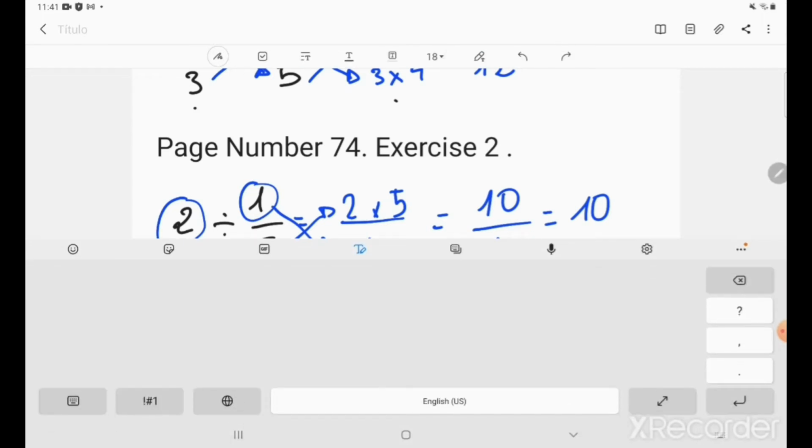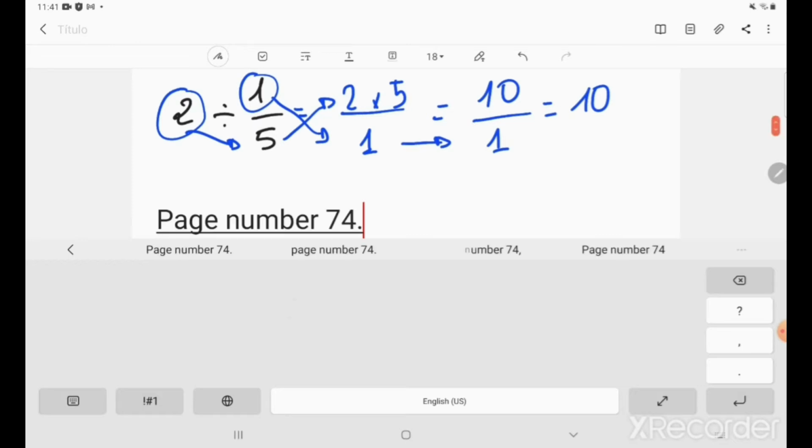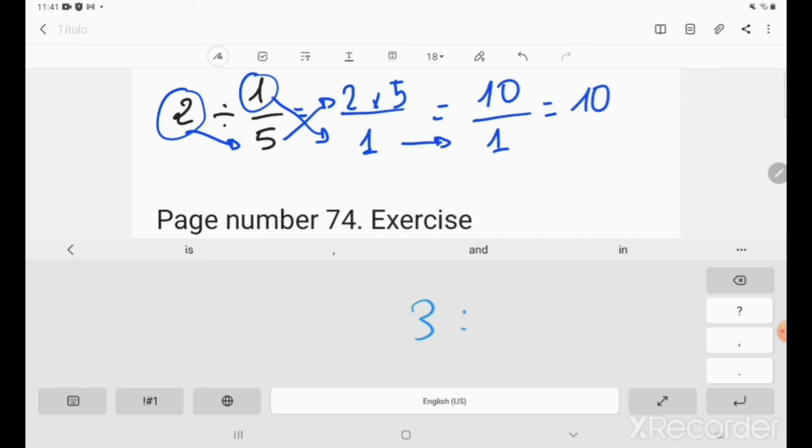Next, we have another example in the page number 74 and exercise number 3. Okay, number 3.